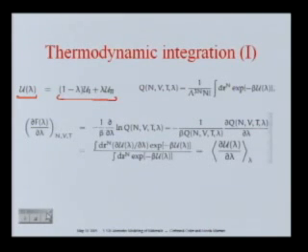And again, the idea behind thermodynamic integration is fairly simple once you skip all the math here. One can write out explicitly the partition function, which is written here, and then it just requires a little bit of math, figuring out the derivative of the, in this case, Gibbs free energy.